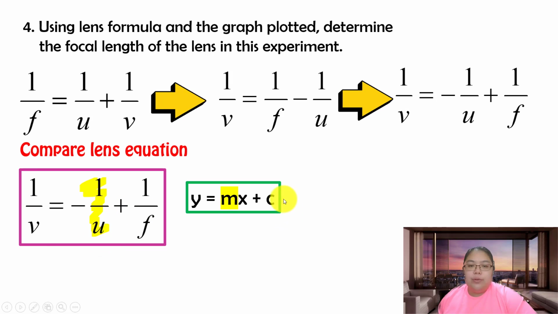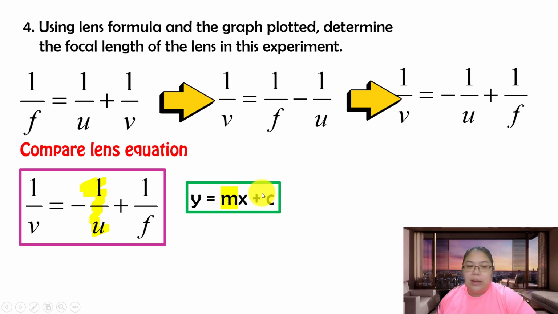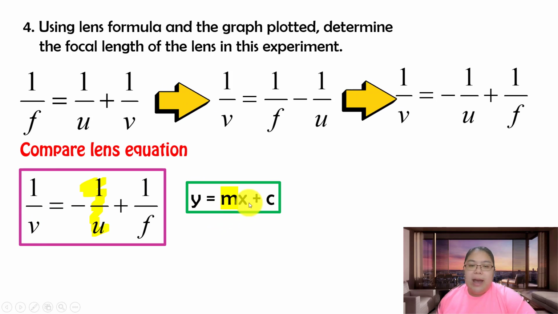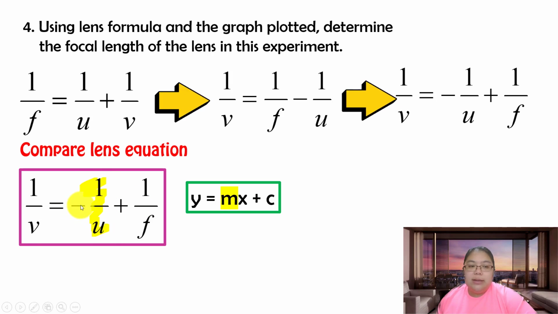Compared to the original equation we learned for the graph, y equals mx plus c, the y-axis is 1 over v for the graph just now, and the x-axis is 1 over u. From here, can you see there is a negative? This negative means that one is the gradient.